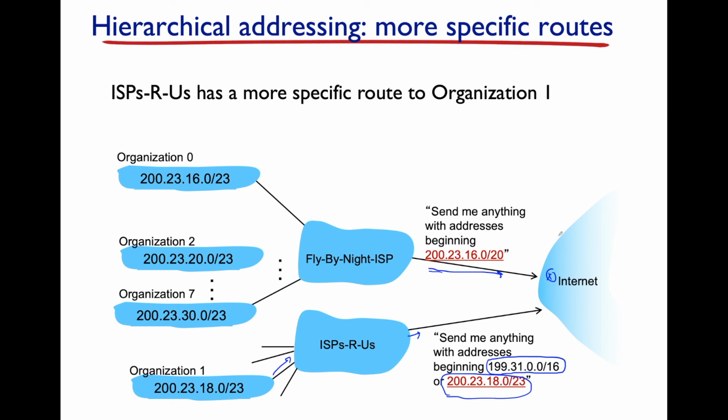And that means if you have an address and that address is in this block, it's always going to send it down to ISPs are us if it matches this, because this sits within that block of addresses, but this advertisement matches a larger number of bits. So that means that it will always send down here if it belongs to this block of addresses, because this one matches a larger number of bits, 23 bits for the subnet, versus this one matches only 20 bits.